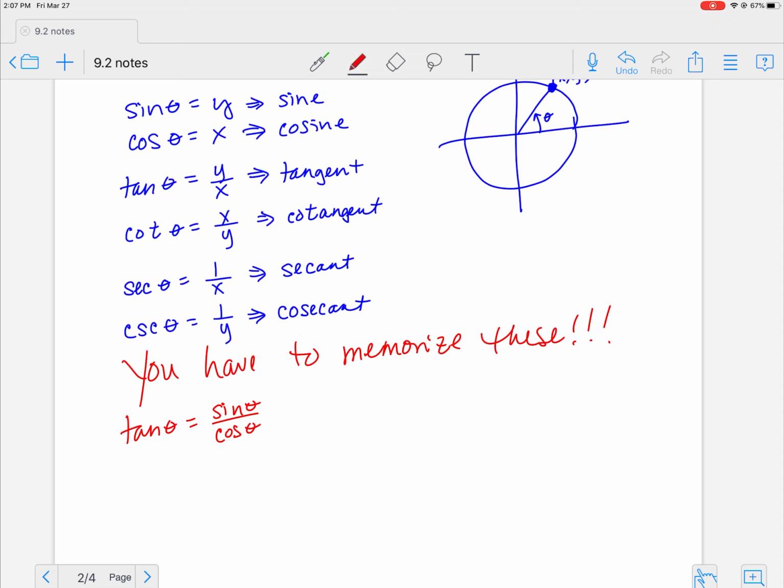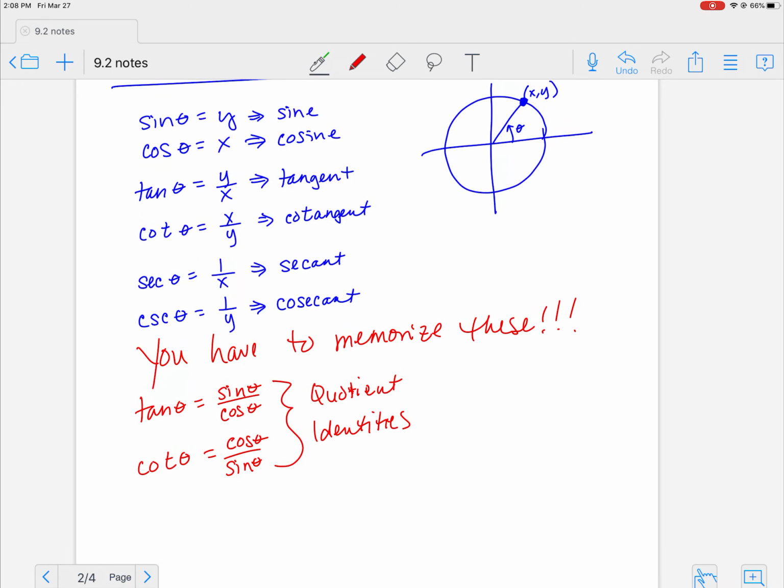If sine is y and cosine is x and tangent is y over x, that also means that it's sine over cosine. That's called quotient identities. I can also have cotangent of theta is equal to cosine over sine. Quotient identities.